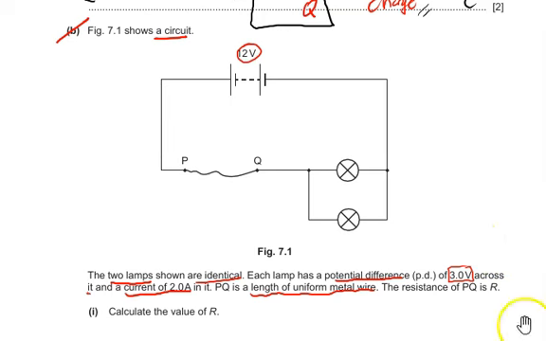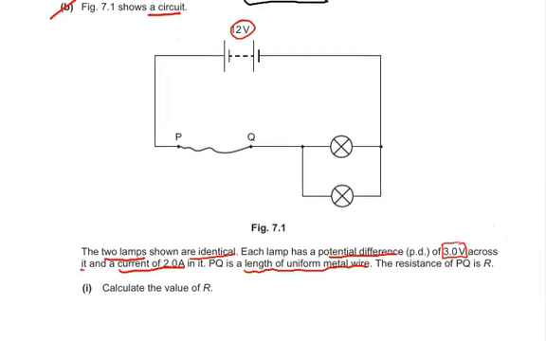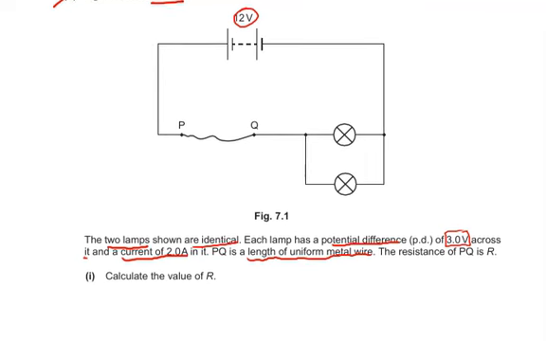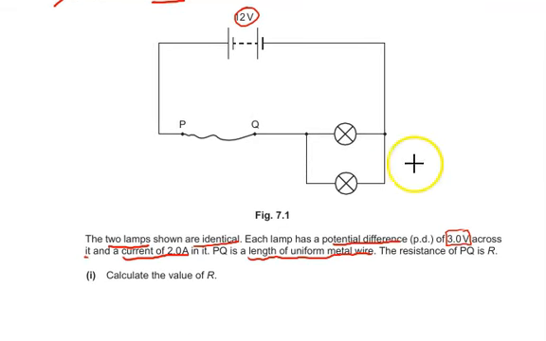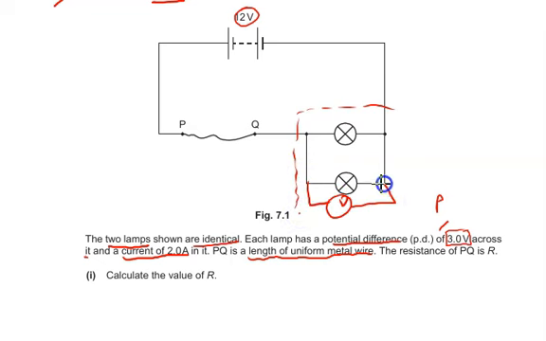So the calculation here is quite simple because it is parallel. If you look at it, this is a parallel connection. So I just put here the V, the voltage.